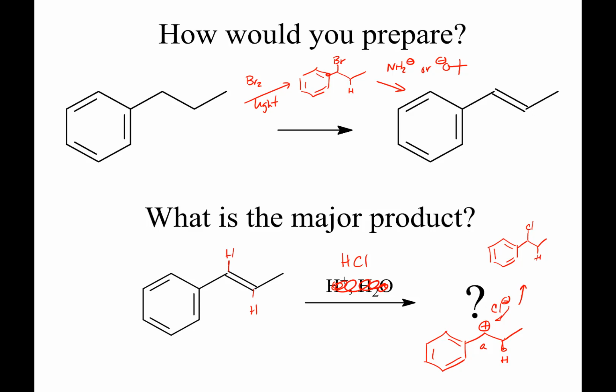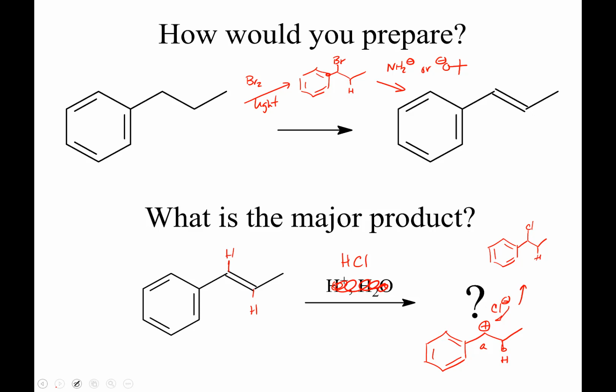Okay. So, in general, if I'm going to do a reaction and there's a benzylic carbocation, that benzylic carbocation will be stable. And it'll be more stable than anything else in the chain, the other possible carbocations.